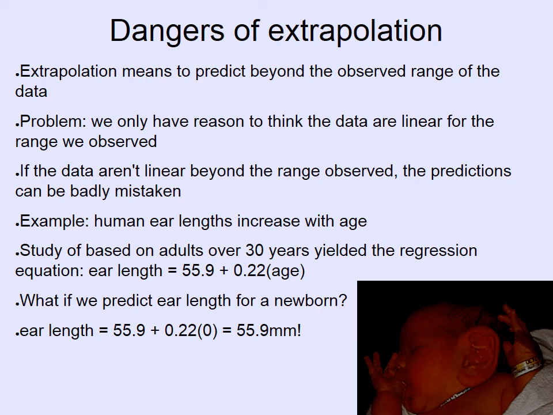If we made a model of ear length of adults over the age of 30, here's our y equals mx plus b type equation: ear length equals 55.9 plus 0.22 times the age. So if we did this for age 0, a newborn, they'd have just huge ears. Poor little baby.